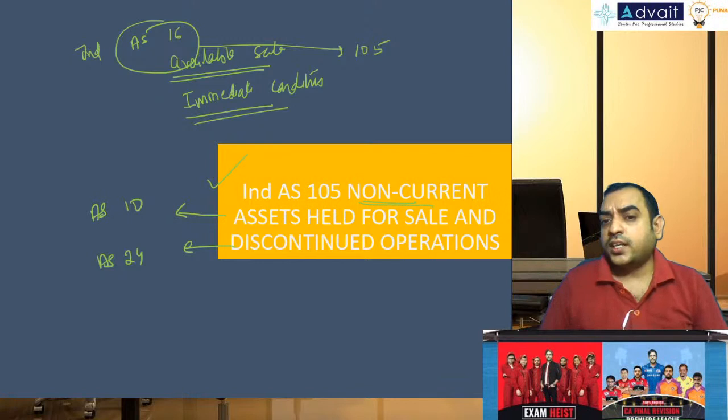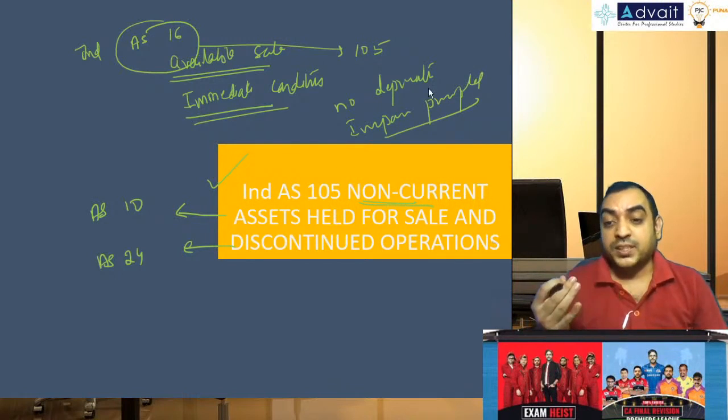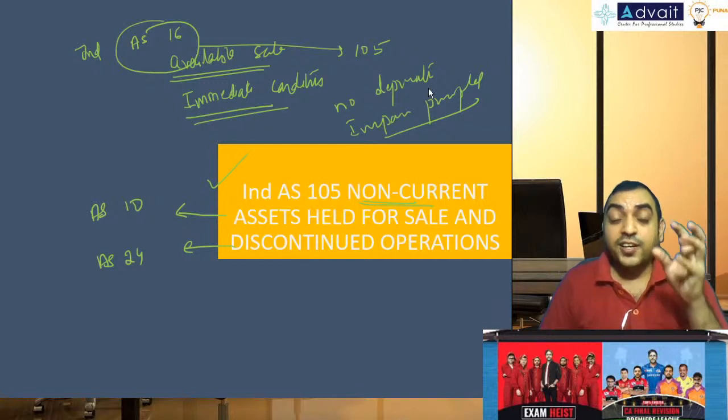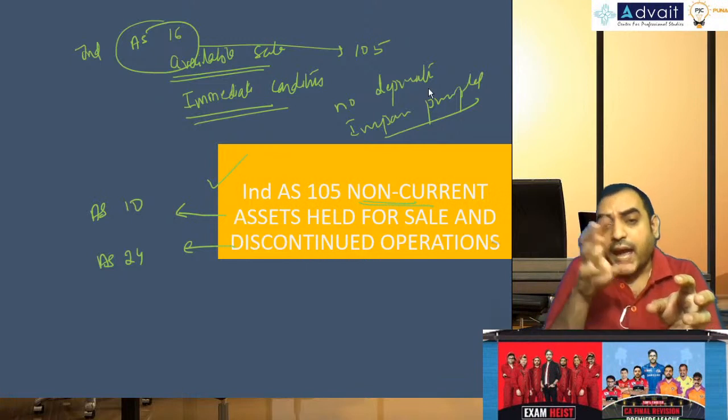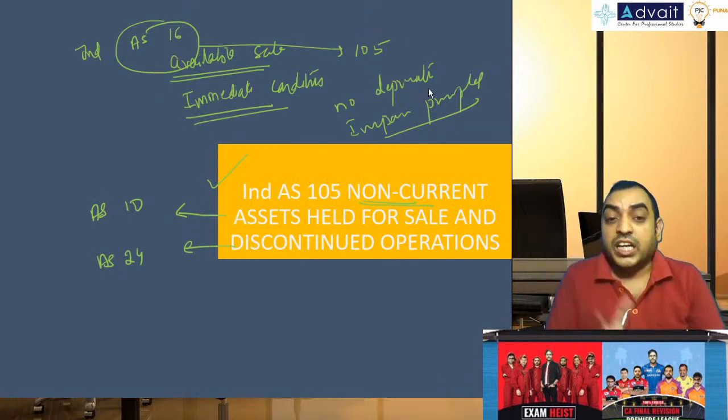And once it becomes a non-current asset held for sale, no depreciation, and you are going to apply the impairment principles. Not impairment, but impairment principles. What is the impairment principle? Compare the carrying amount of the asset with the recoverable amount.